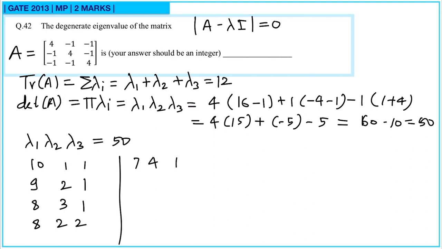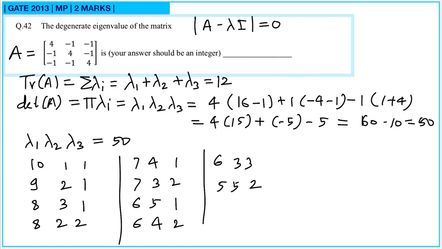Next one, 7, 4, 1: 7 fours are 28, or 7, 3, 2: 21 into 2 is 42. Then 6, 5, 1: it is 30, 6, 4, 2: this is 48. Then 6, 3, 3: 18 into 3, this is also not possible, or 5, 2, 2: 5 twos are 10, 5 fives are 25, into 2 is 50. So this is the case.